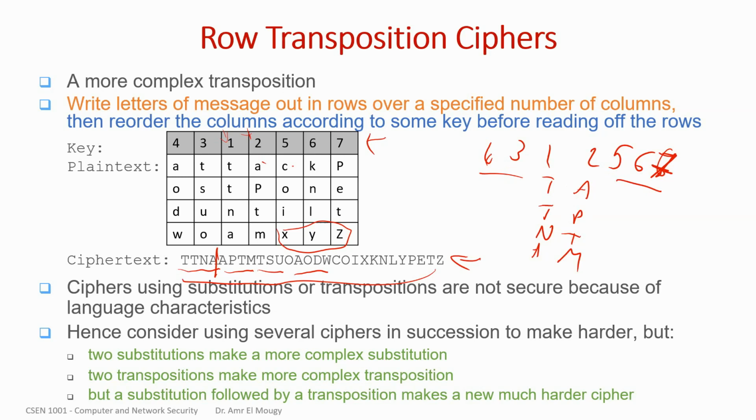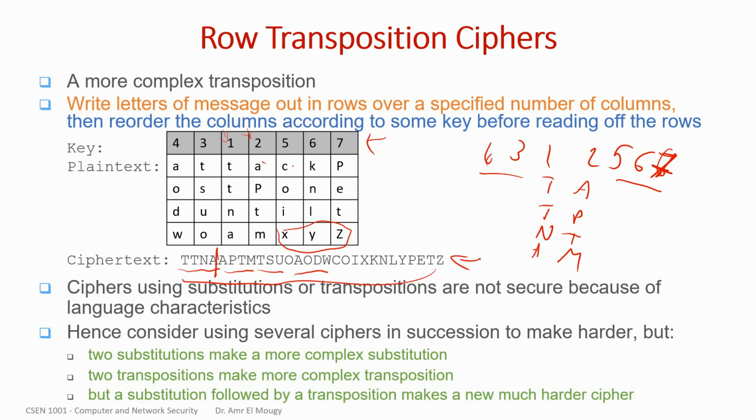So row transposition is a little bit more secure than rail fence, but it is still vulnerable to a wide range of frequency analysis attacks. Research over the years has led researchers to figure out that substitution ciphers on their own are vulnerable. Transposition ciphers on their own are vulnerable, but if you use stages of substitution and/or permutation, you end up with a much more resilient encryption algorithm.